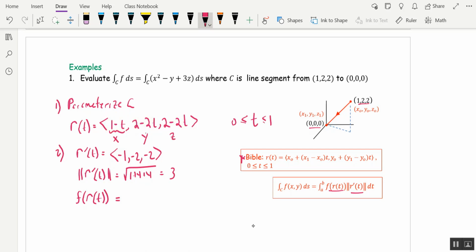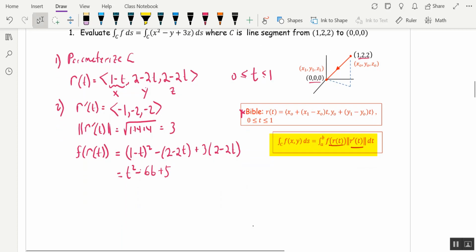So we start with x squared, which is 1 minus t, quantity squared, and then we're going to subtract y. y is 2 minus 2t, and then we're going to add 3z. And z is, again, 2 minus 2t. Now, we're going to have to integrate that, so we're going to have to multiply it out and combine like terms. And if you do that, you can check me on this, you get t squared minus 6t plus 5.